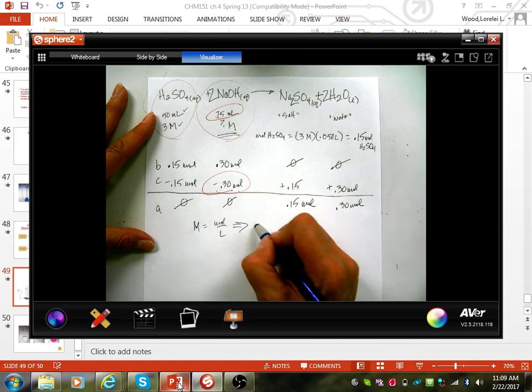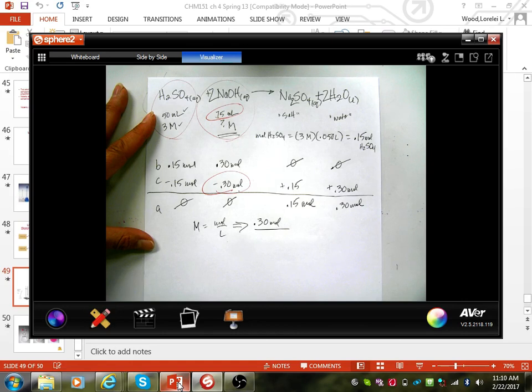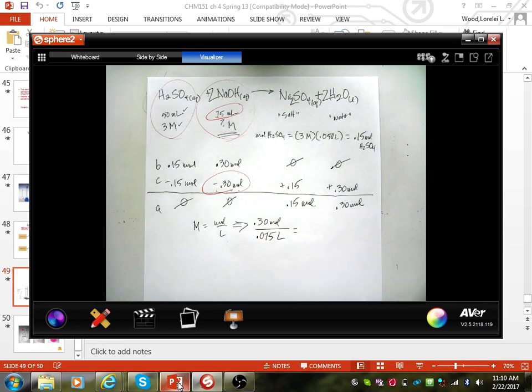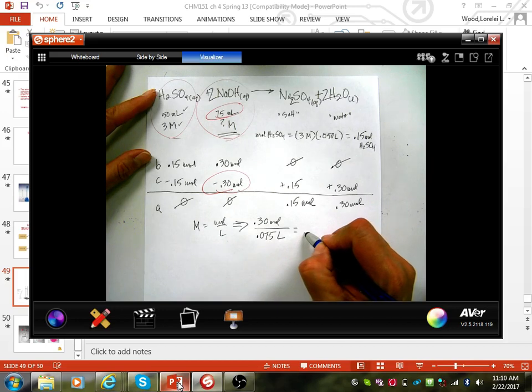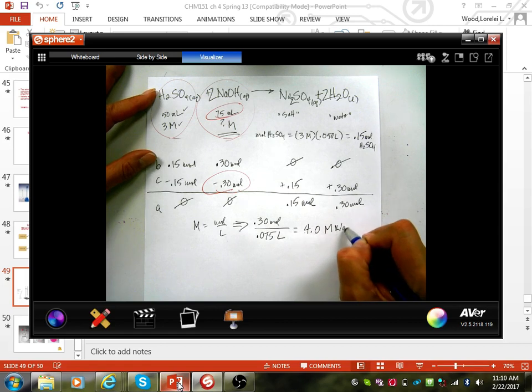In this case, 0.30 moles divided by, what's the volume of the sodium hydroxide? 0.075 liters. All right. So here with the calculator, it's 0.3 divided by 0.075. 4, the number 4. That's easy. 4 molar NaOH is what we have.